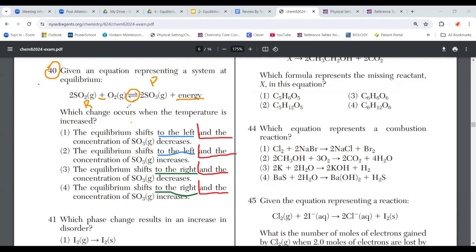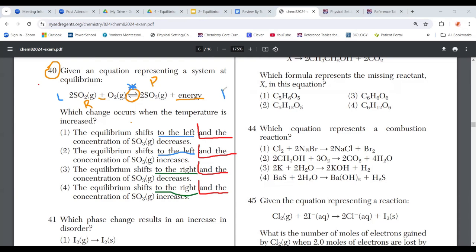So I have a process here that is happening, but what the double arrow is implying is that this process is reversible. And that means I don't just have one process happening. I have 2 processes happening here. I have what's known as a forward reaction, which goes to the right, from left to right. This is my left. This is my right.